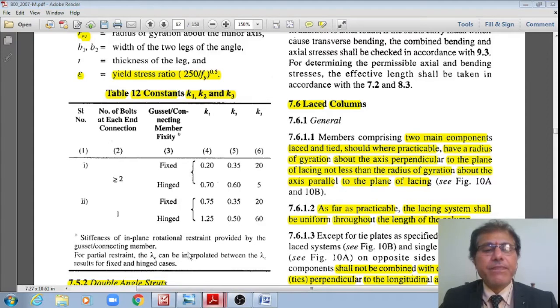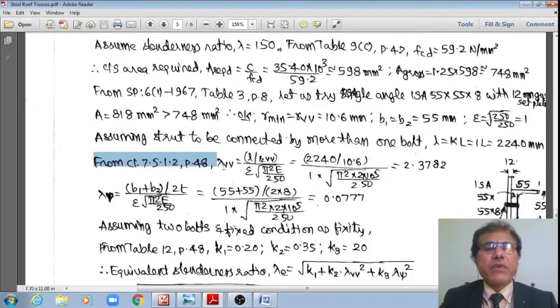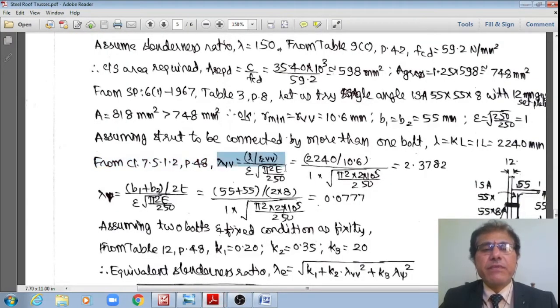Now let us see the calculation, student, right? Therefore, now I'm just noting down lambda VV, with this formula wherein I'm substituting L equal to 2240 divided by RVV equal to 10.6, divided by stress ratio, yield stress ratio is 1, under root pi square, Young's modulus of the steel is equal to 2 into 10 to the power 5, divided by 250.